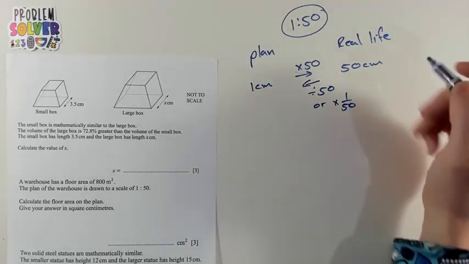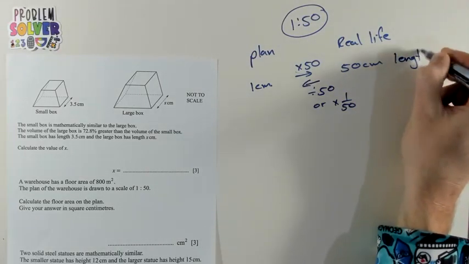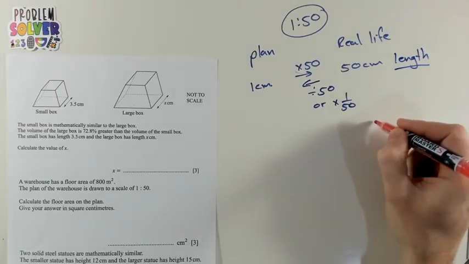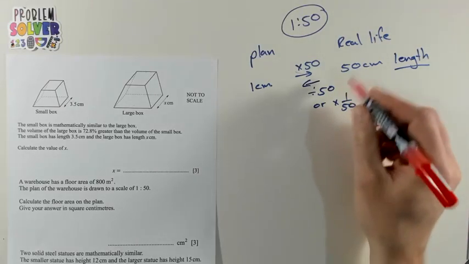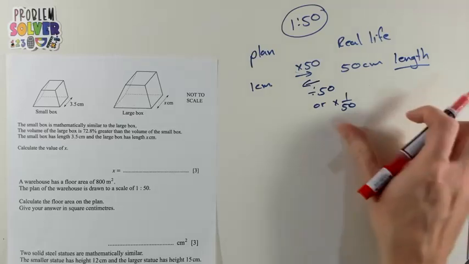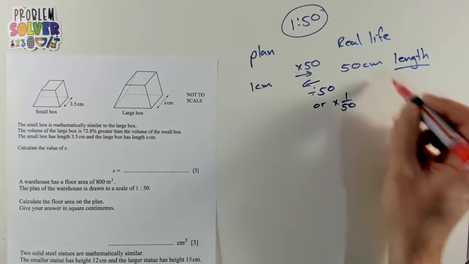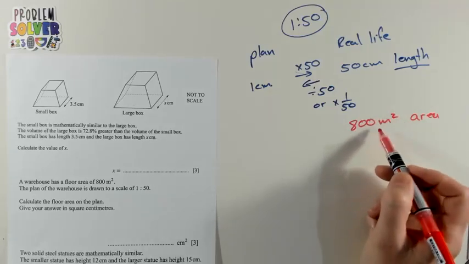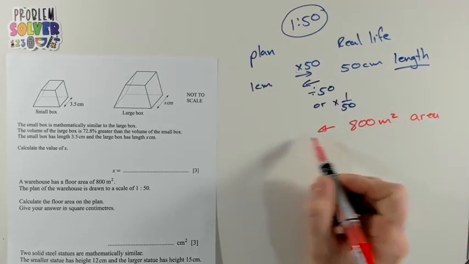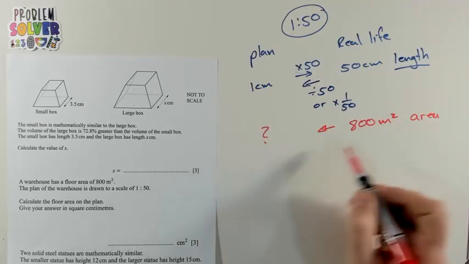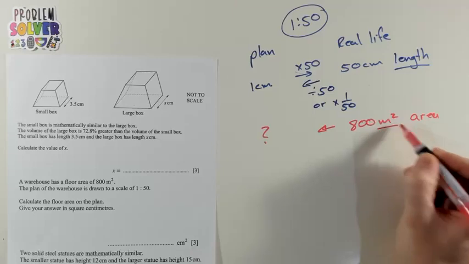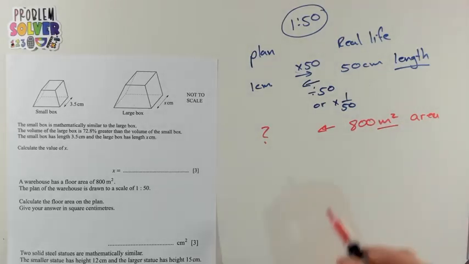So this is length, but we have to work with an area, and they're telling us the real life area. We have to work with this 800 square meter area and figure out what the area is on the plan. They also give this bit of information that our answer has to be in centimeters. So for now, I'm just going to use meters to get my answer.